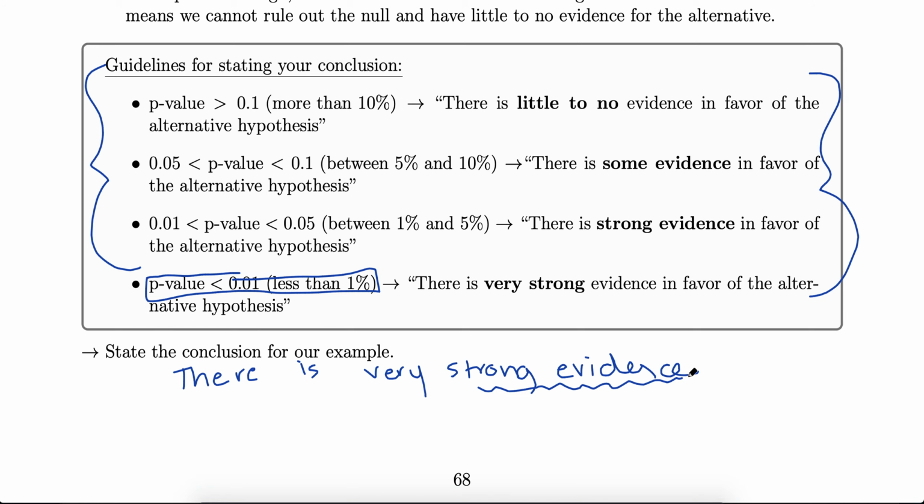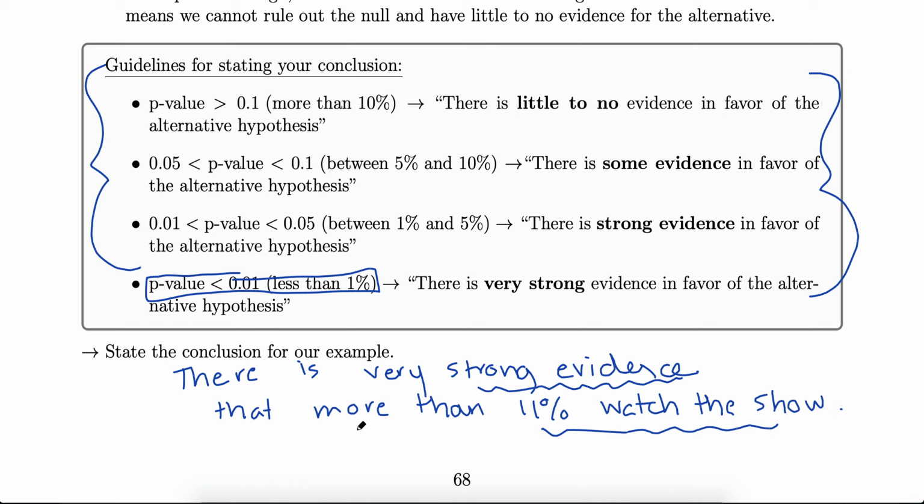So we have really strong evidence for our research question, which was that more than 11% watched this show. So there's very strong evidence that more than 11% watch this show. And I'm going to underline that here as a reminder. This, especially the more than part, is important. That's our HA in context.